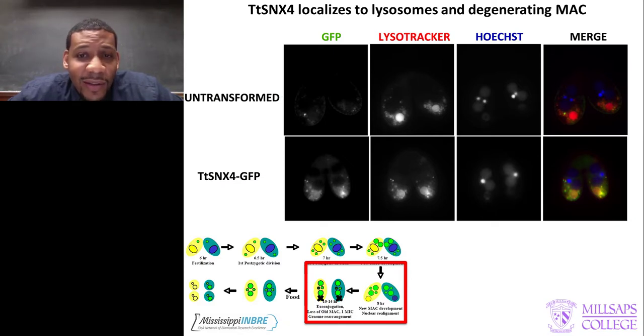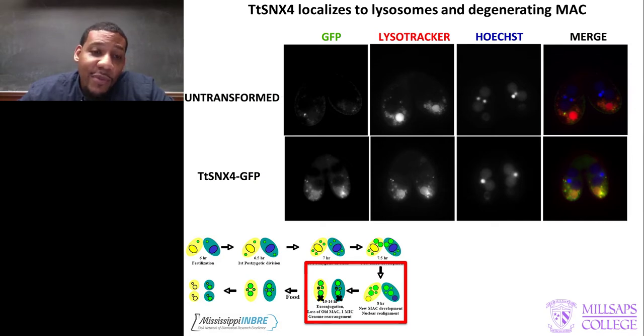And what you notice is that the nucleus at the very back of that cell is labeled with LysoTracker. That nucleus at the very back of the cell is the parental macronucleus, the old macronucleus that must be degraded. So remember now, there are 5 nuclei in each of those cells, yet only one of those is LysoTracker positive, okay? So again, this is a very selective degradation of this nucleus.